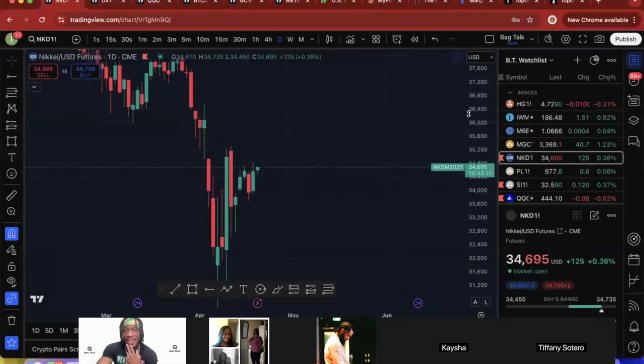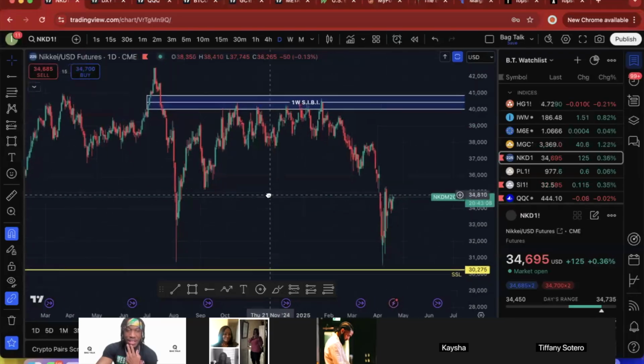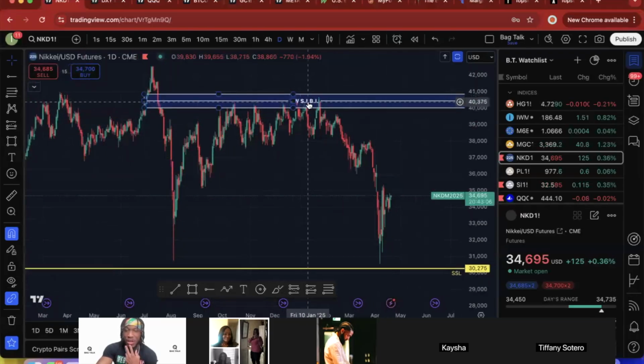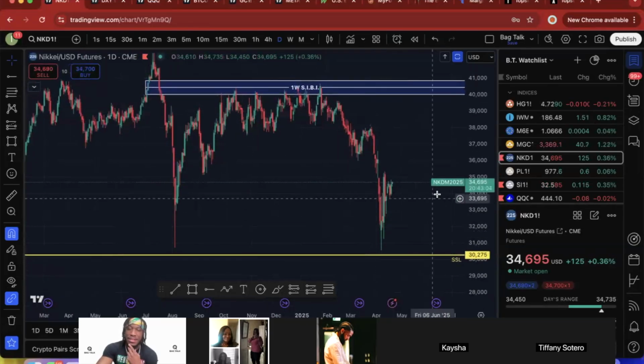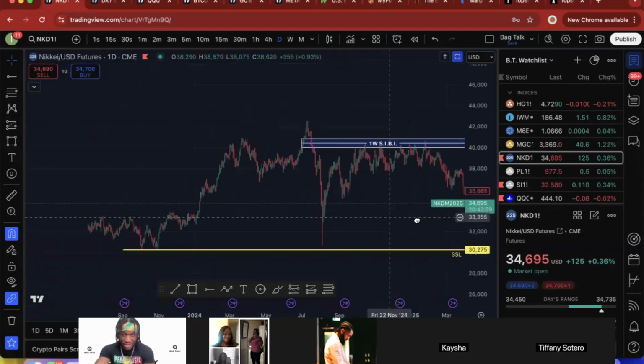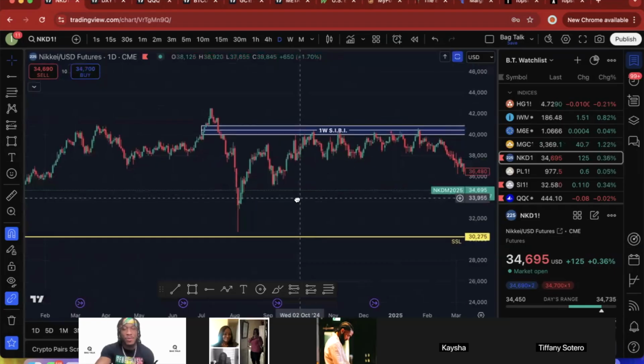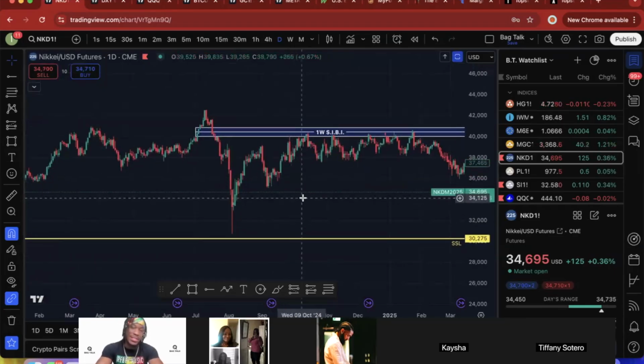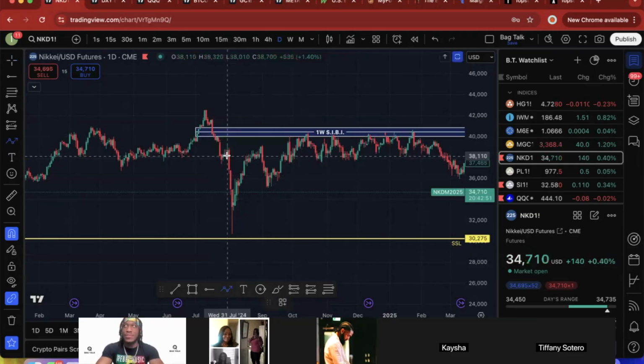Last year in August, I told you guys I'm looking for the Nikkei to respect this blue area and run to the yellow line. So this is actually confluence for NASDAQ. I'm glad this came up. If you've been following me for a minute, shout out to the day oneers. You may remember when price on August 5th, I think it was, NASDAQ had a crazy drop.